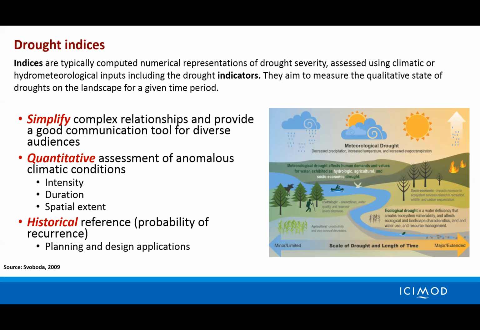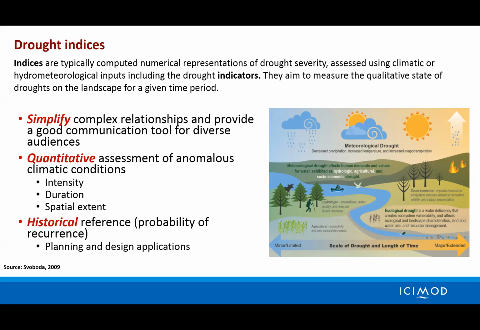For example, GDP is one sort of index which communicates poverty or wealth in a particular community or country very conveniently. Similarly, for drought monitoring or any kind of water resource assessment and communication, indices are developed so that we can communicate a situation in a very simple way.